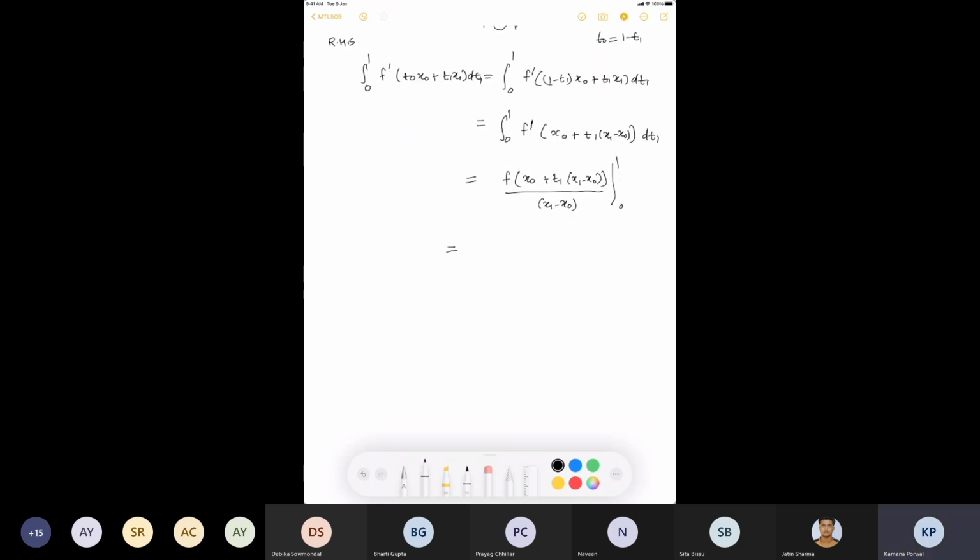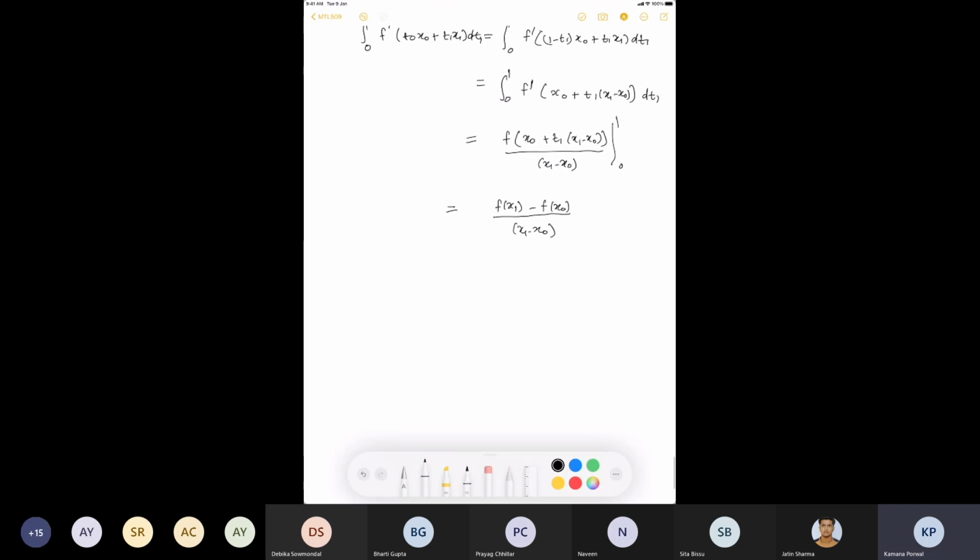If I substitute t1 equal to 1, I get f of x1, and if I substitute t1 equal to 0, I get minus f of x0, divided by x1 minus x0. So this is nothing but the first divided difference of f at x0.